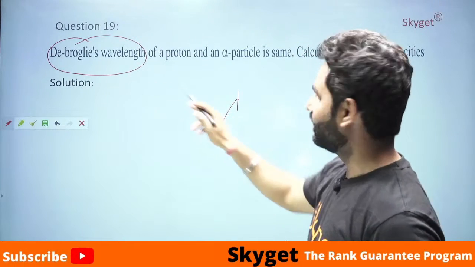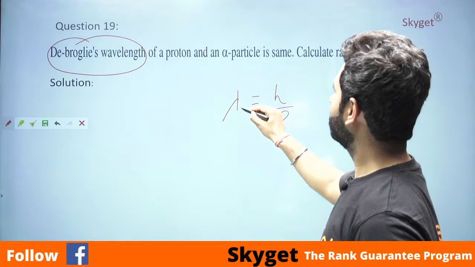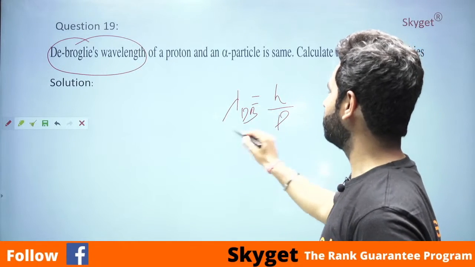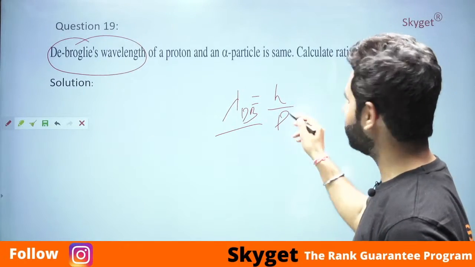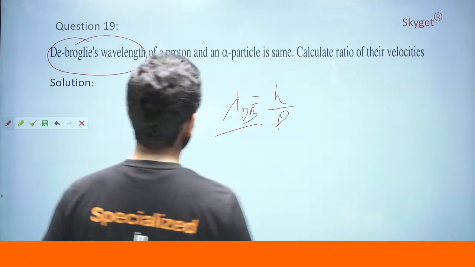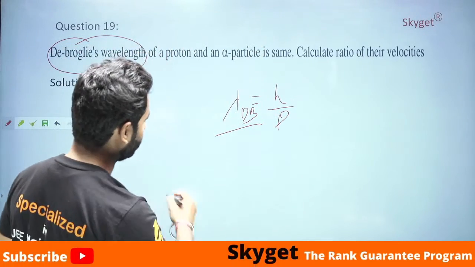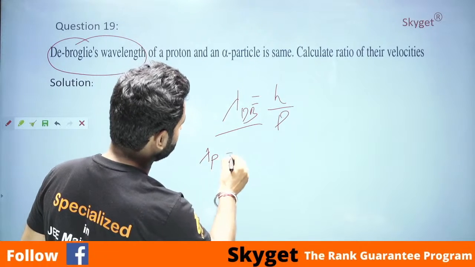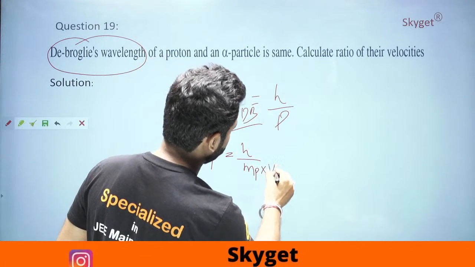de Broglie's wavelength is lambda, which is equal to h upon p. H is Planck's constant, p is momentum. Now let's write this equation for a proton and an alpha particle. Lambda of proton is equal to h upon mass of proton into velocity of proton.